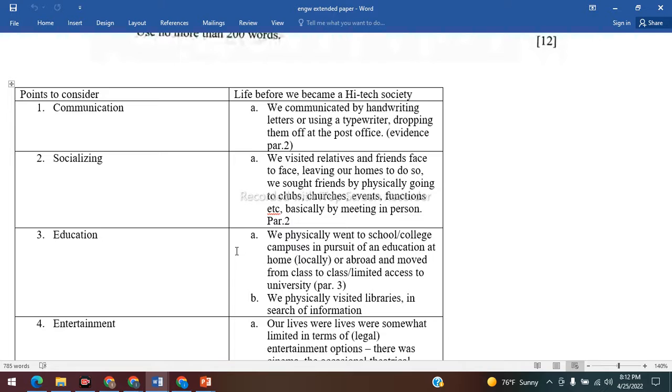All right. So with this one, the rest of the things that we need to look at would be, we talked about the communication part, and we compared the communication now and then, right?